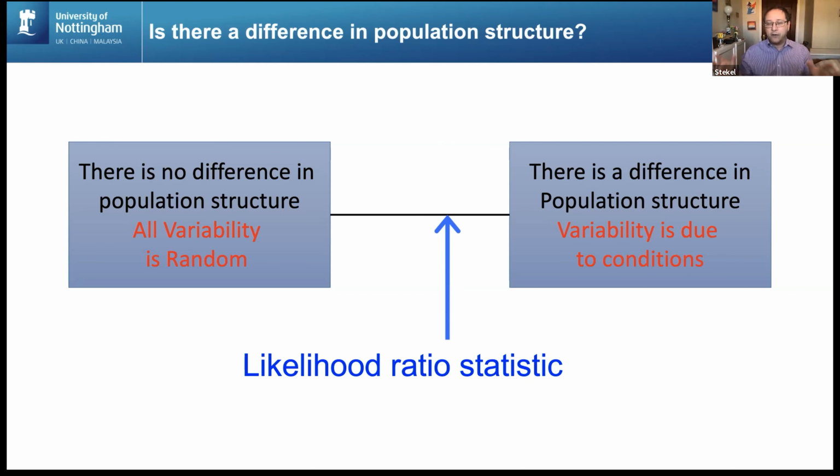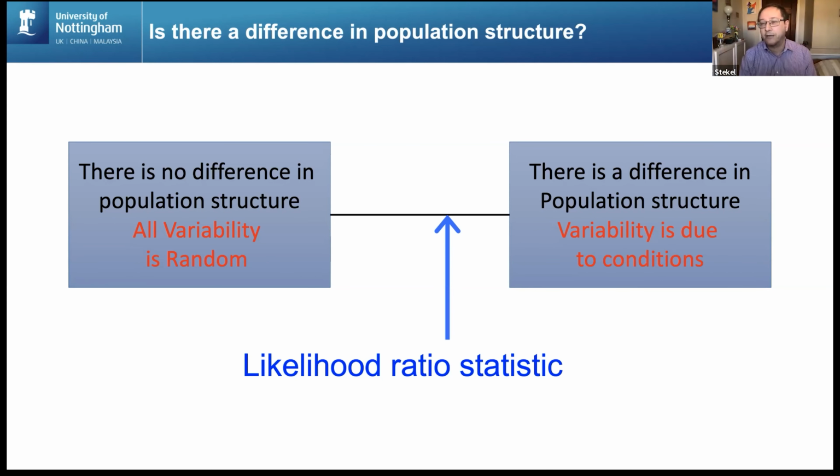The alternative is to say, well, actually, there is a difference in the population structure, and therefore the variability we observe between our two sets of samples from, let's say, two different environmental conditions is in fact due to those environmental conditions. So there may be some internal variability within the environmental conditions, or associated with the sampling or the measurement technology, whatever it is.